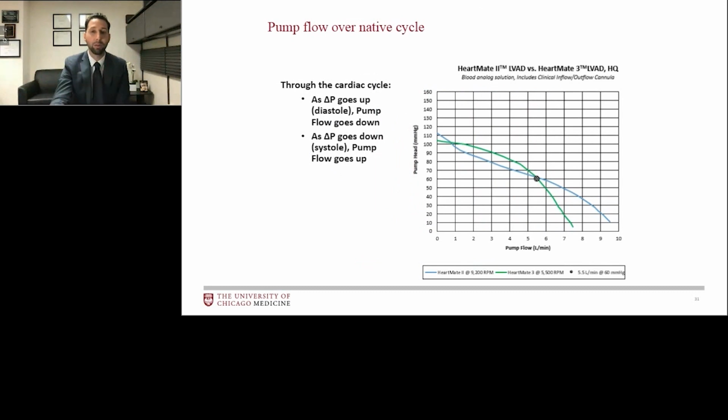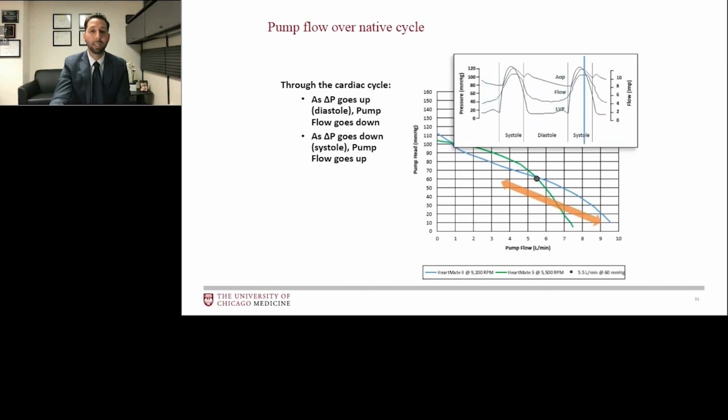If you superimpose the last several slides that I've just presented to you, this is what you get. You get a constantly changing pressure gradient throughout the cardiac cycle. Just to walk you through this, the top line in this insert on the top right is that same aortic pressure. The bottom curve is the left ventricular pressure. And the middle curve is the resultant flow through the LVAD.